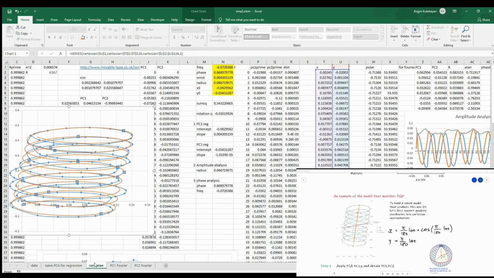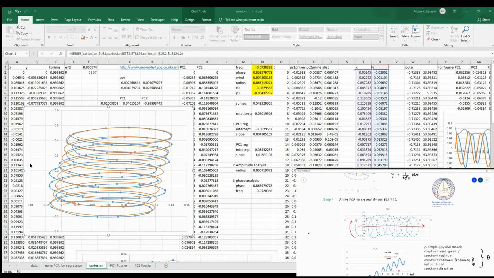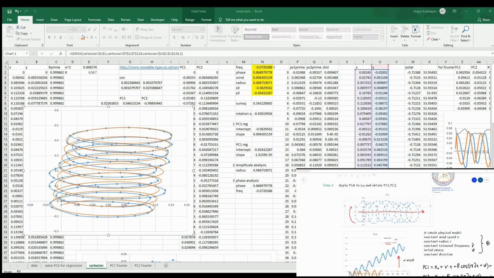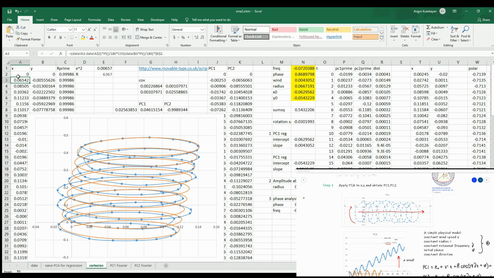So that we will do in the sheet which I called Cartesian. In Cartesian, the first thing I did was step 1, if you remember. What was step 1? Step 1 was to convert latitude and longitude into x and y, and that's what I'm doing here. Basically x and y are now in kilometers.